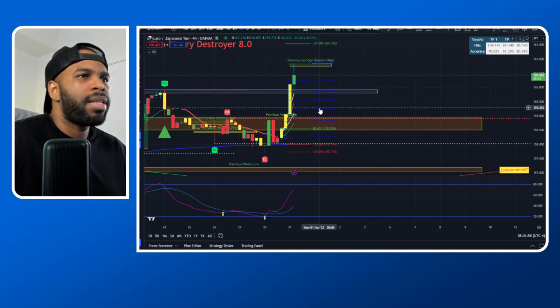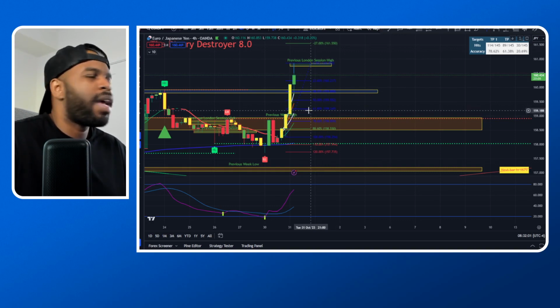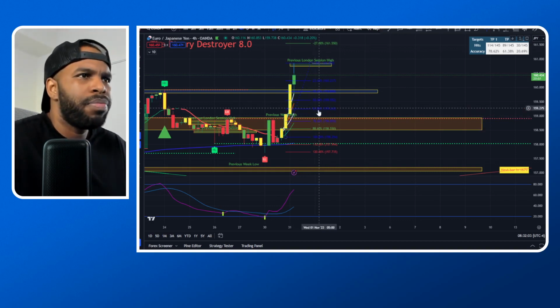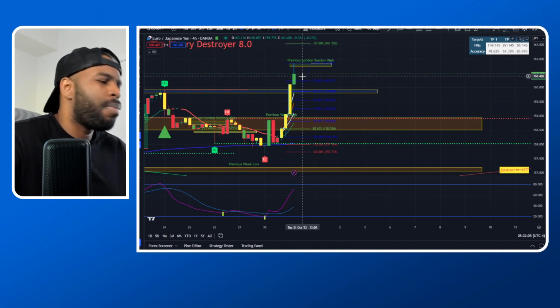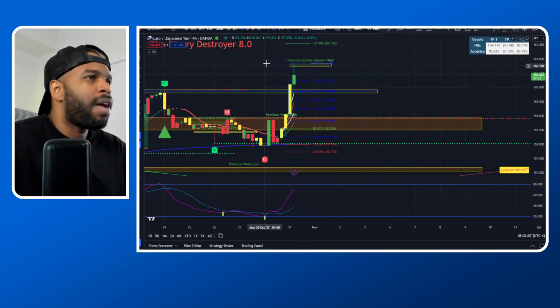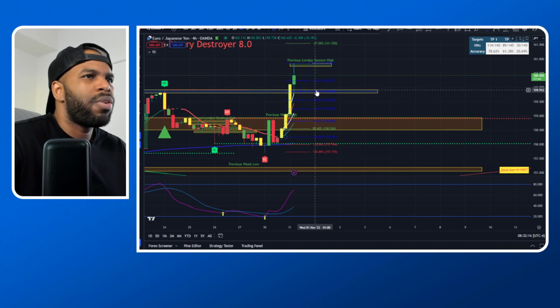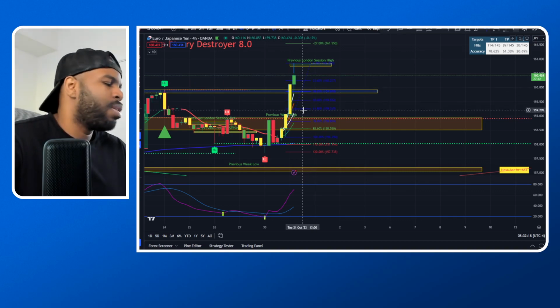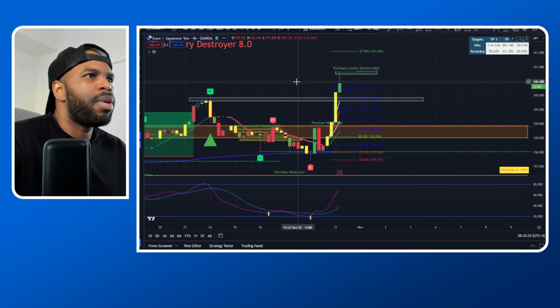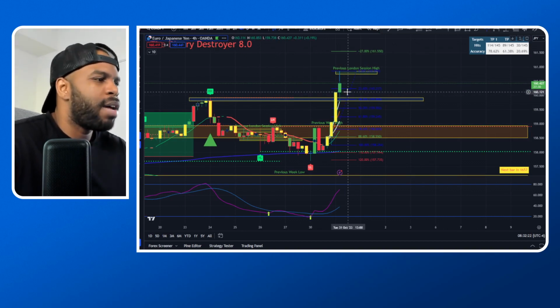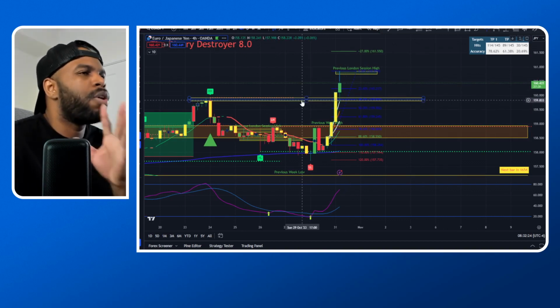Or price can come back down to any one of these fib levels that I have on this chart, like the 61.8 fib level, and then it can come back up. But I have a feeling that price is going to pull back to the 38, if not the 61. Either the 23, the 38, or the 61, any one of those levels. This is how I determine on the higher time frame if we're in an uptrend or a downtrend.